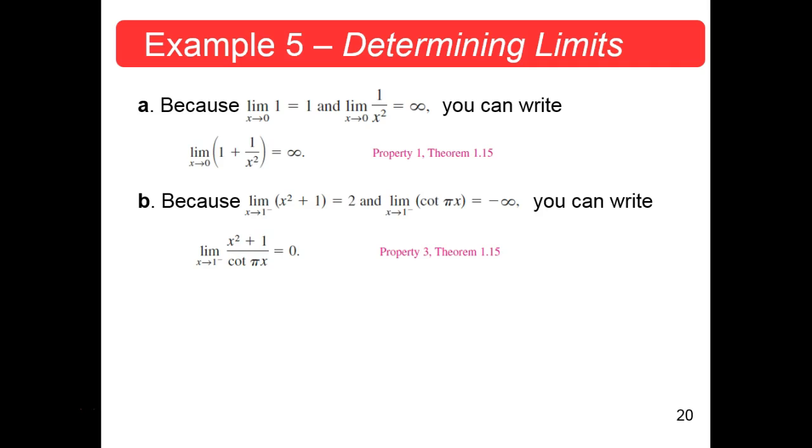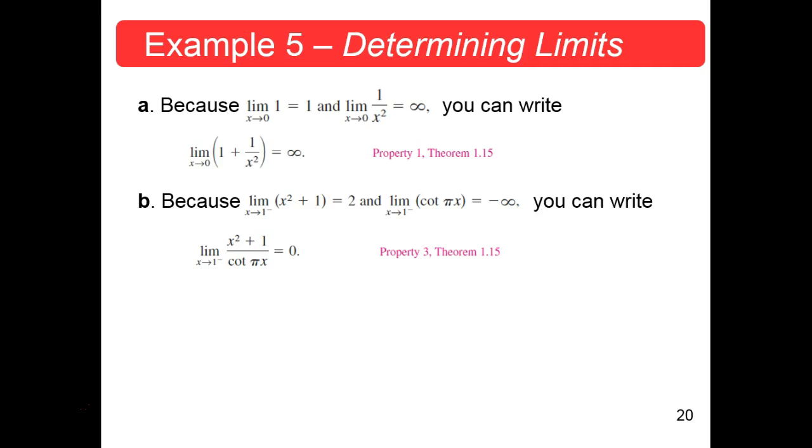Now, because this is a fixed number, 2, and this is going infinitely large negatively, who cares which way it's going, then the limit of this quotient, if the denominator is going to an infinity, positive or negative, is going to 0.